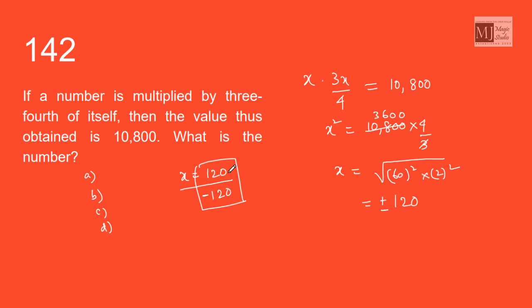And if no options are given, we might end up writing two answers, 120 and minus 120, because minus 120 when multiplied by minus 3 into 120 by 4 will also become positive 10,800, and positive 120 will always give you positive 10,800. So both answers are welcomed. Now it depends upon the option given whether you would be selecting a positive answer or a negative answer.